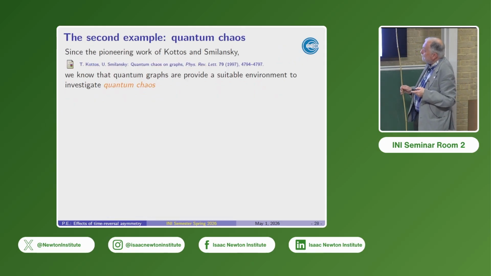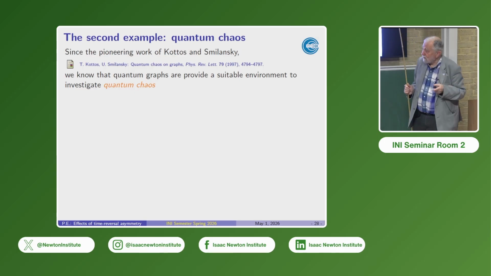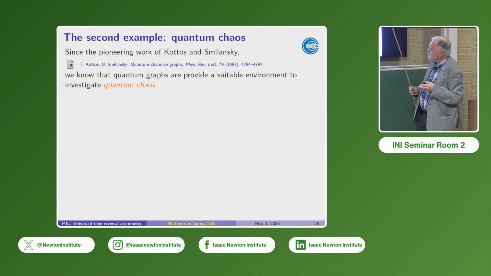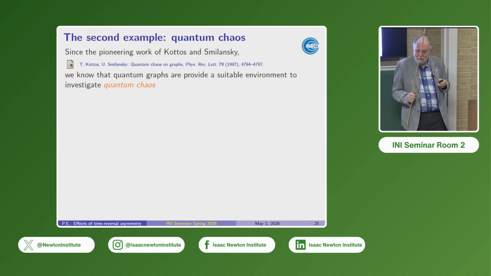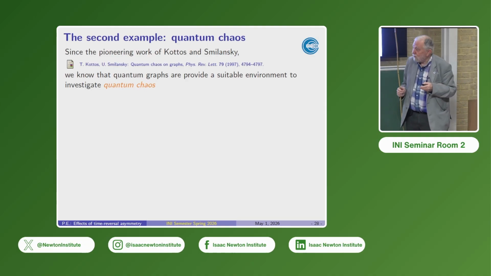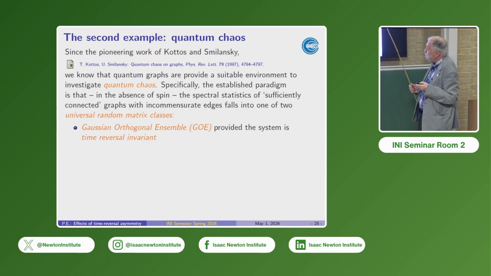Okay, so now a different topic, but still with the same vertex coupling. As we all know, Kottos and Smilansky taught us that quantum graphs are a good tool to study quantum chaos.